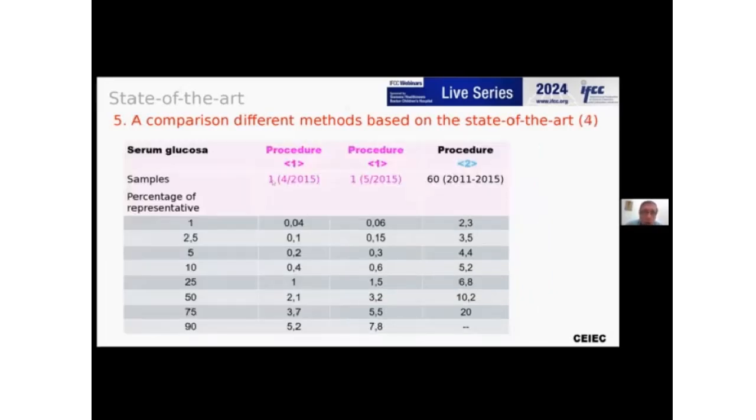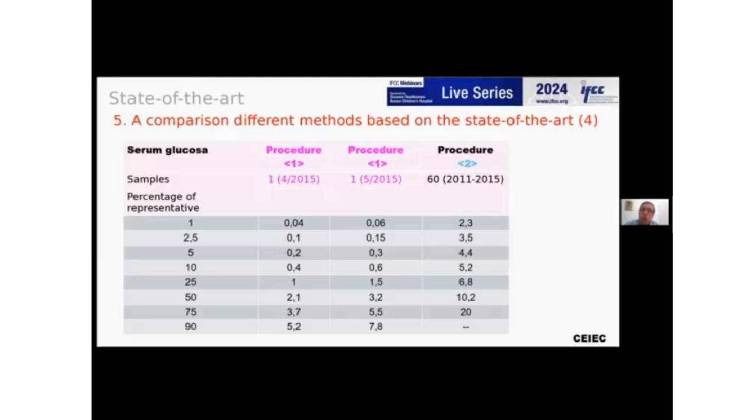In those with the least error, if we define this as the state of the art and compare it with the biological variation specifications, the desirable biological variation specifications, we define that, depending on the type of measurements, the minimum consensus quality specifications are stricter than those derived from biological variation for a certain group.